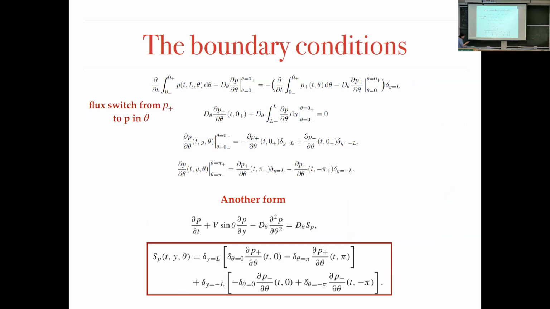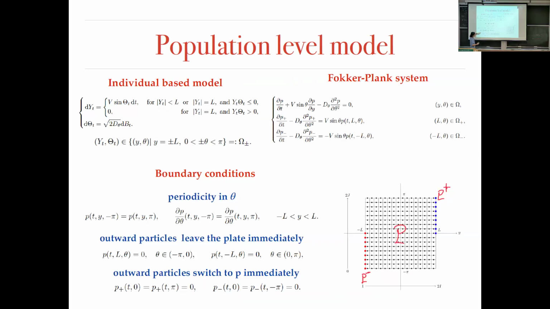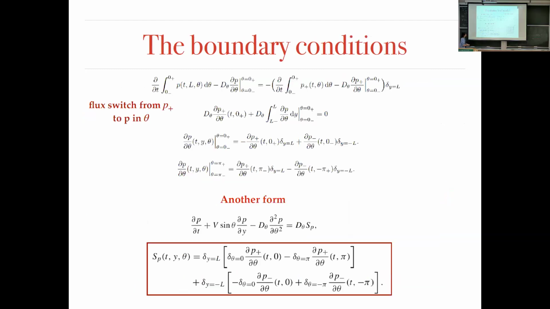Well, so we have already two boundary conditions, one for p and one for p plus. Well, we still need one additional boundary condition for the flux, basically. There are two conditions here.